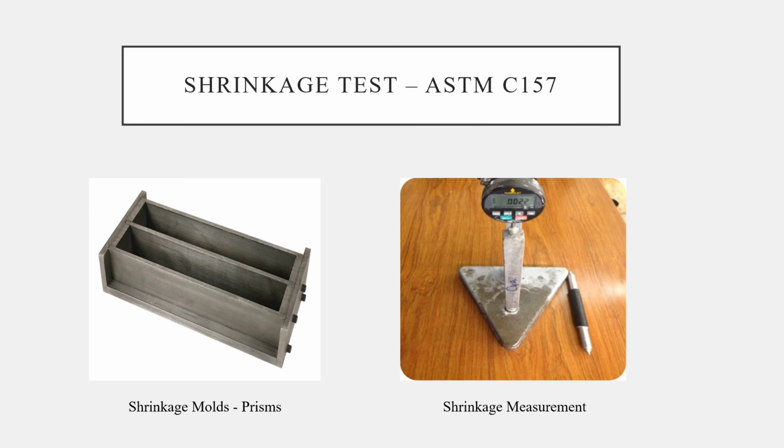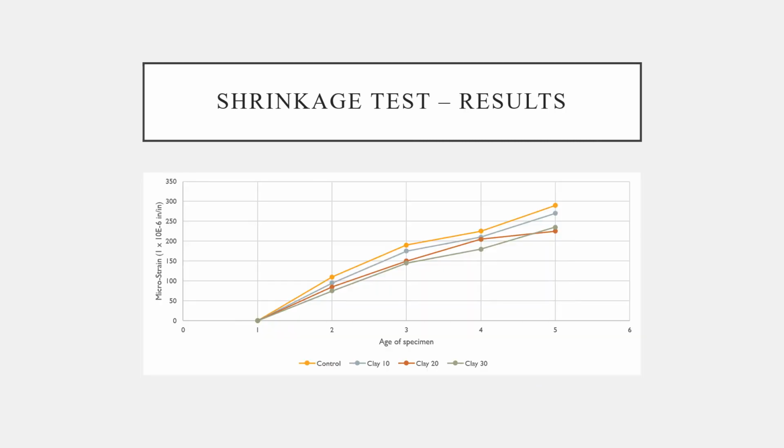Now, running the shrinkage test using ASTM C157, molds of 20-inch length and 1 inch by 1 inch cross section were poured using the control mix, Clay 100, Clay 200, and Clay 300, and their expansion was measured with age from day 1 to day 5 here. You can see that using internal curing agents results in a lot of shrinkage reduction.